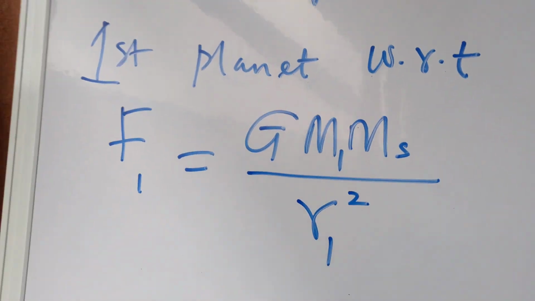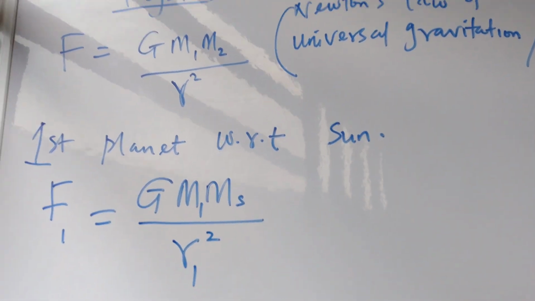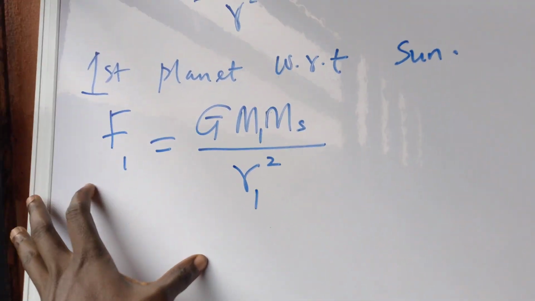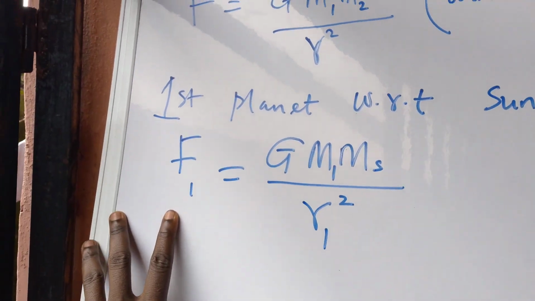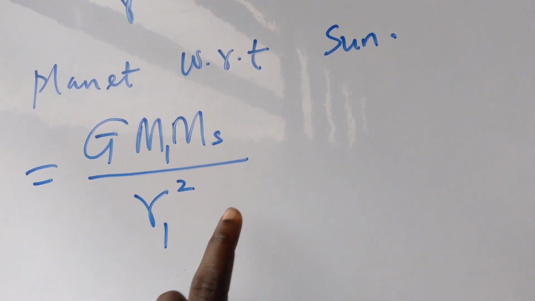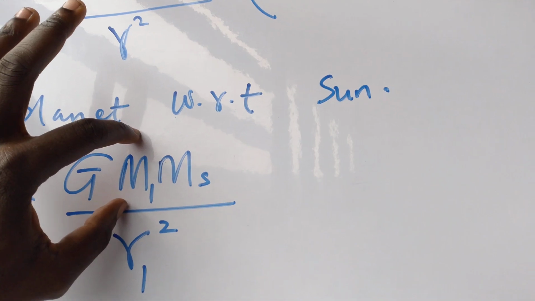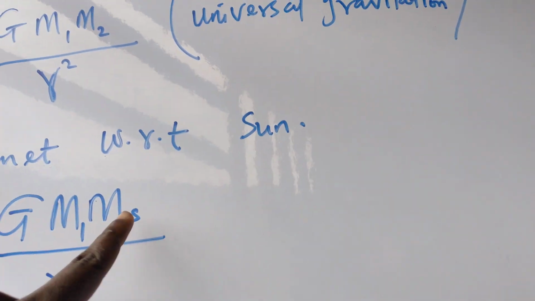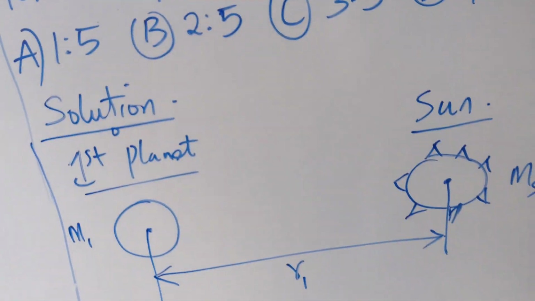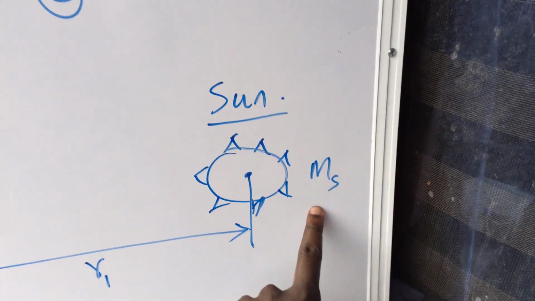So for the first planet with respect to the sun, using Newton's law of universal gravitation, F1 is the magnitude of the gravitational force. F1 equals G m1 ms over r1 square, where m1 represents the mass of the first planet and ms represents the mass of the sun.